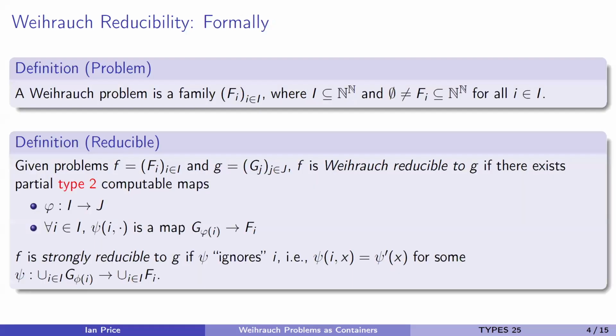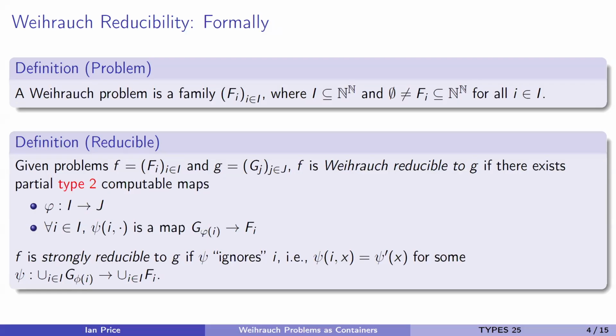Here's the first one. If you understood the picture, I've just mathematized it, along with some convenient lies to make things go a bit smoother. A Weihrauch problem is a relation on sequences of natural numbers, and you can reduce one problem to another when you have a map between the domains. I've written them out as families where the domain is the indexing set, and for every element in your domain, you have a non-empty set of solutions.